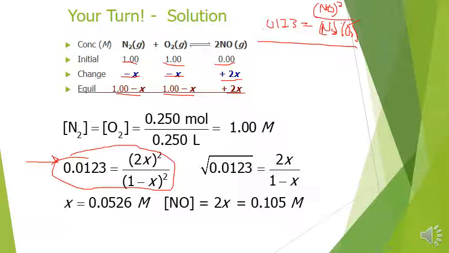Okay, then expand, and then solve for x. And then we get x is equal to 0.0526, and then plug those numbers into our initials, okay, then that's how you get your answers.